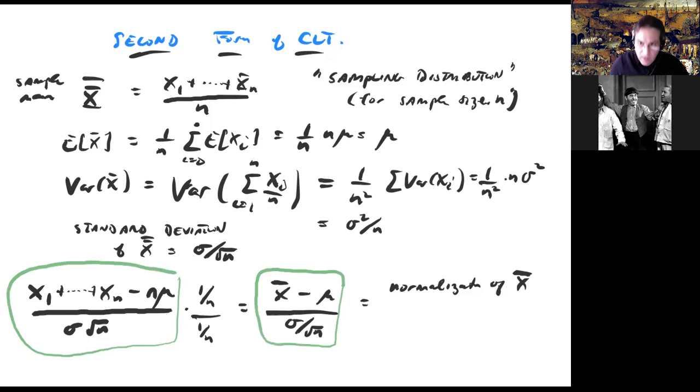So we can now reformulate the central limit theorem in this language.